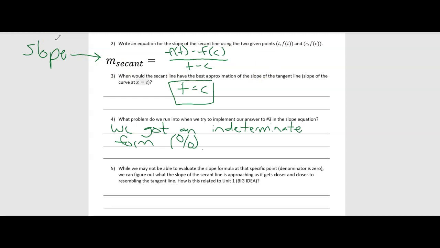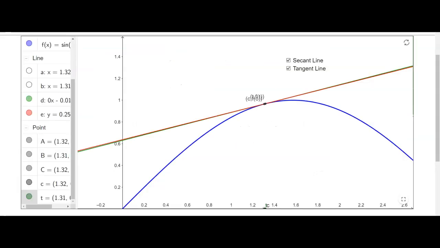So number 5, while we may not be able to evaluate the slope formula at that specific point, we can figure out what the slope of the secant line is approaching as it gets closer and closer to resembling the tangent line. And we talked about how this was related to one of our big ideas from Unit 1. As we move the points on the secant line, one last time we'll do this.